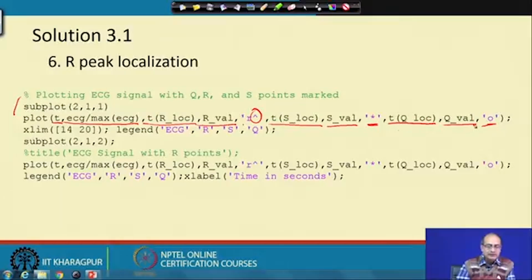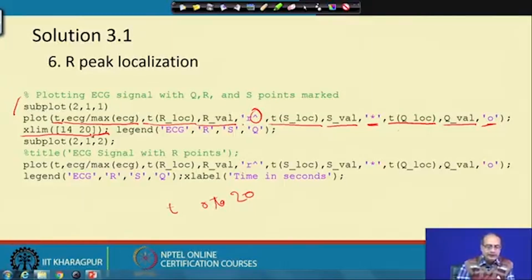And that whole plot is limited between 14 to 20 seconds. The time starts from 0 to 20. Out of that we are taking only 6 seconds, so that we can get a clear picture of that.